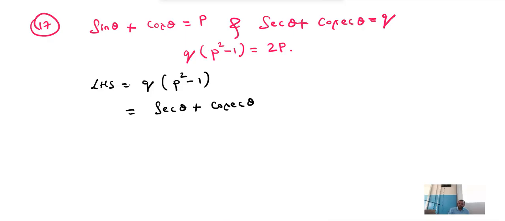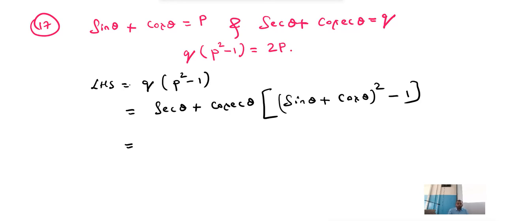And P is sin theta plus cos theta. P square means you should write the entire P, then whole square. P square minus 1. Done?